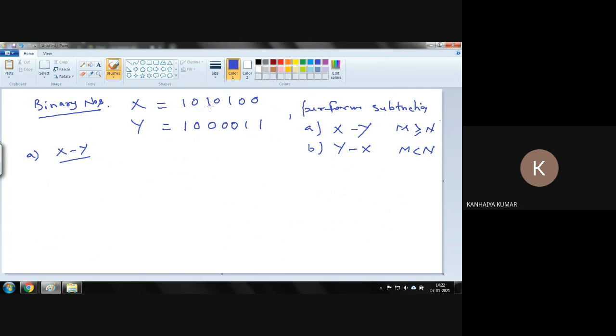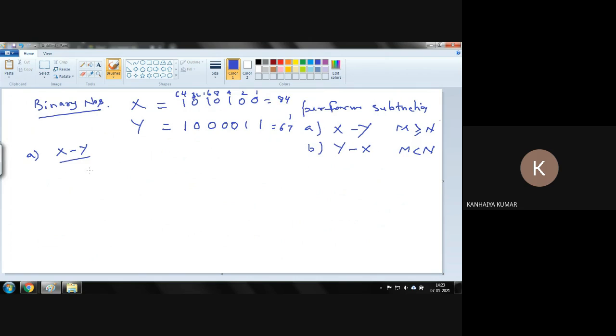So here itself you can decide x will be greater than y. अगर आप डेसिमल में कन्वर्ट करके देखना चाहो वो देख सकते हो, बट पोजीशन अगर देखें तो याद कीजिए आपको लिखना क्या है, 1 2 4 8 16 32 और 64. तो ये नंबर क्या हुआ, डेसिमल इक्विवेलेंट 64 प्लस 16, सो 80 प्लस 4, 84, and this one will be 64 plus 2 plus 1, so it is 67 only. Yeah, so x is greater than y.